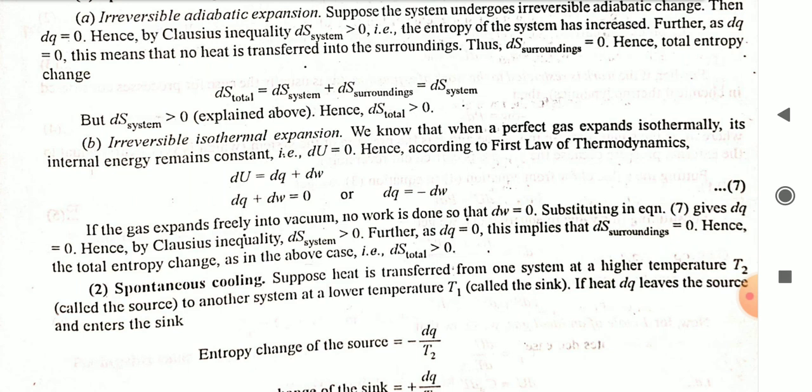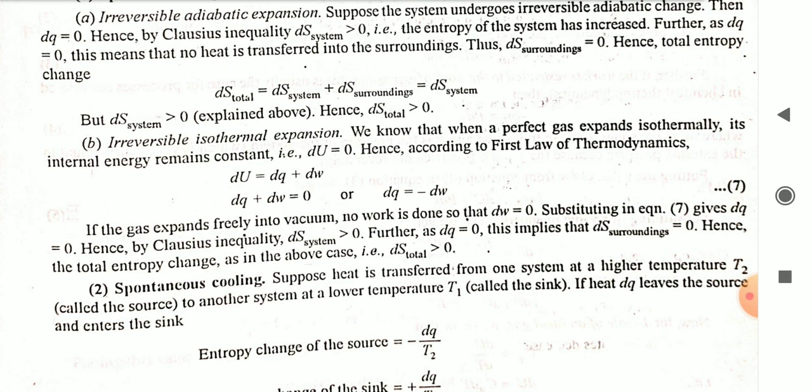If the gas expands freely into vacuum, no work is done, so that dw is equal to 0. Substituting, we get dq is equal to 0 and hence by Clausius inequality ds of system is greater than 0. Further, as dq is equal to 0, this implies that del S surrounding is equal to 0 and, as in the above cases, the total entropy change del S total is greater than 0.